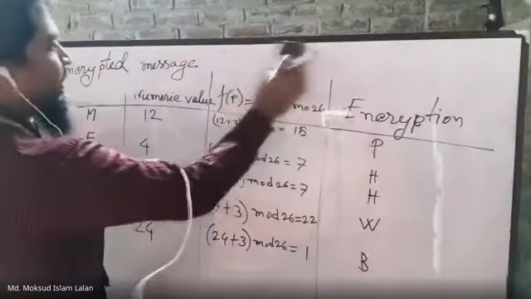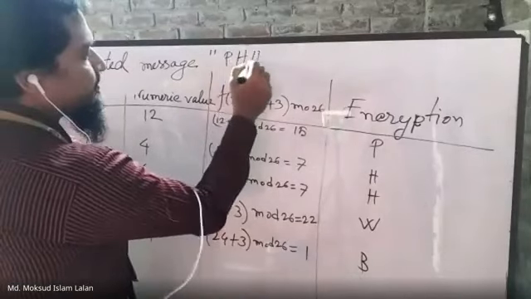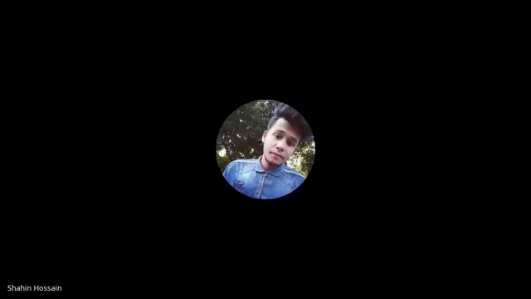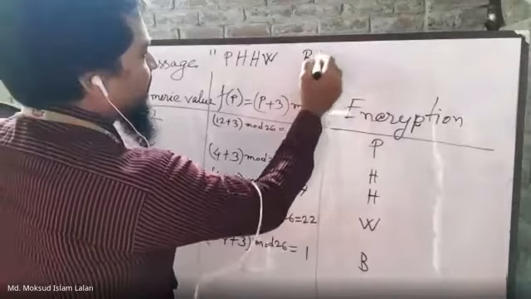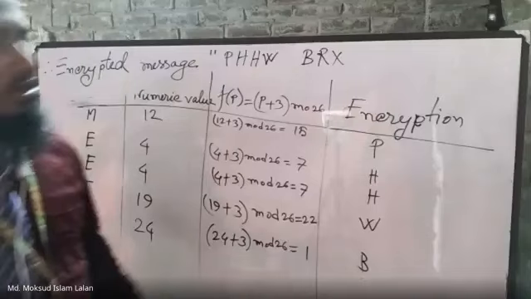Sir, should we write the whole thing? You need to write the whole thing, the full part. So P H H W, U, B R X Z, meet you in the park.